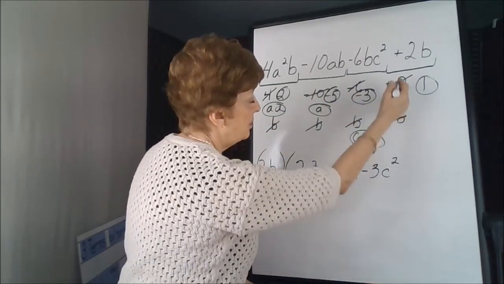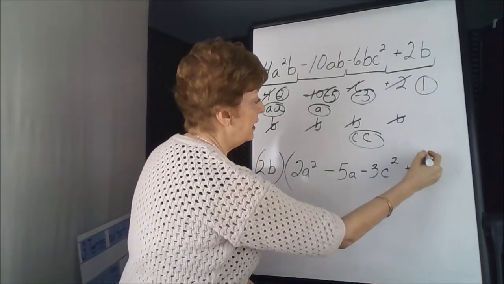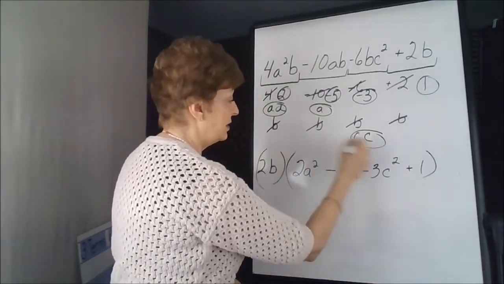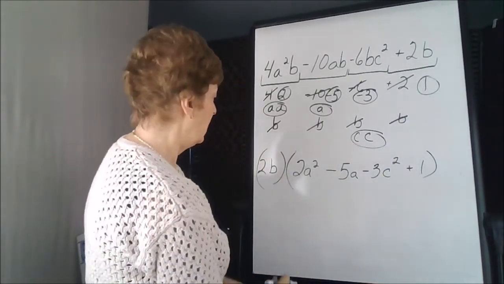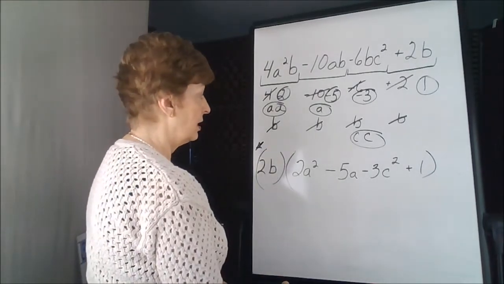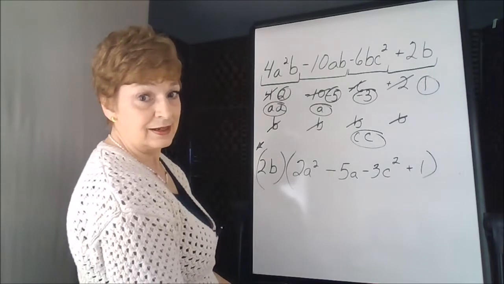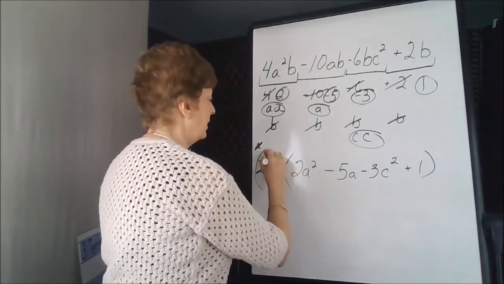And this term got completely wiped out, but I need to represent it with a 1 in order to have the distribution back work. Now, I'm pretty sure that this is my answer, but I'm going to check it just to ease my mind.